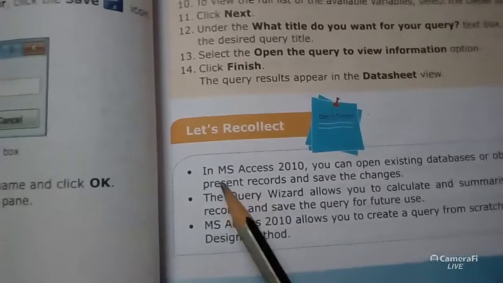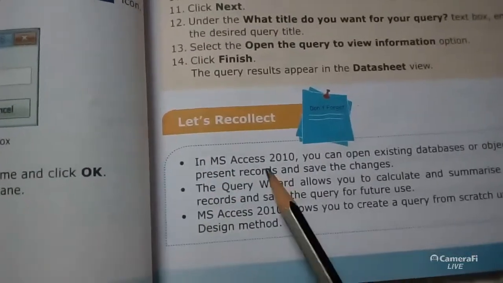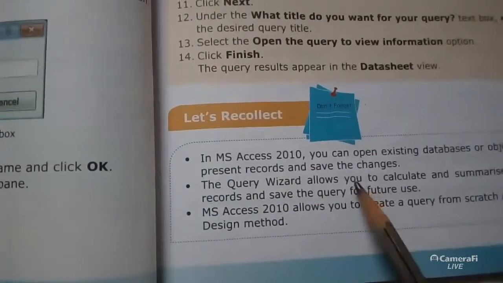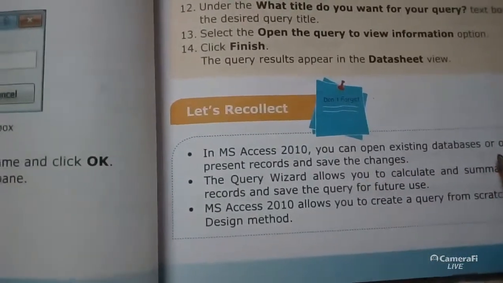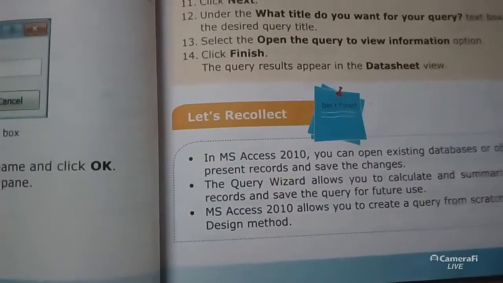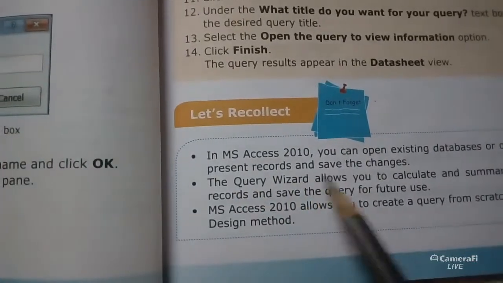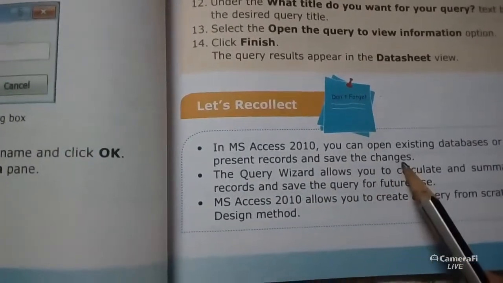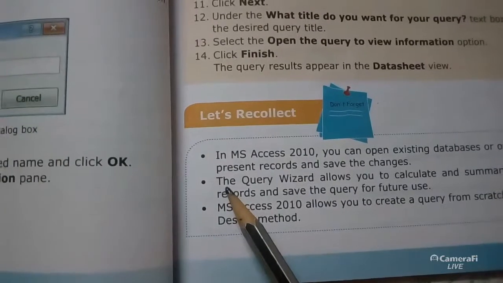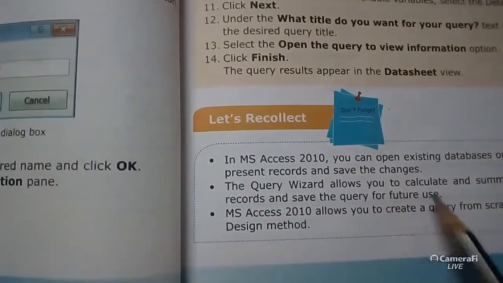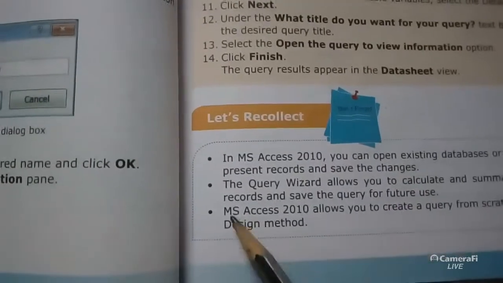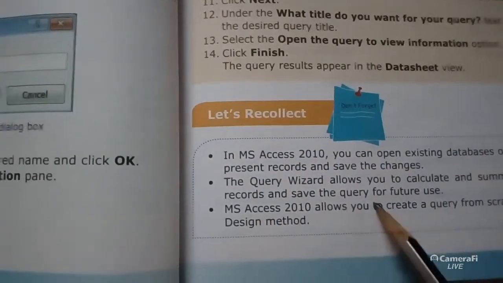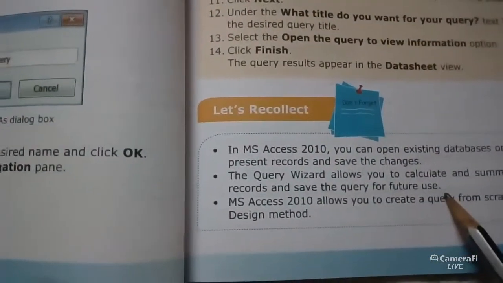That means revise it. In MS Access 2010, you can open existing databases or objects to modify present records and save the changes. The query wizard allows you to calculate and summarize the available records and save the query for future.